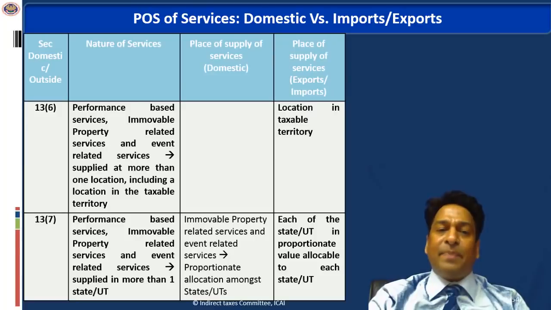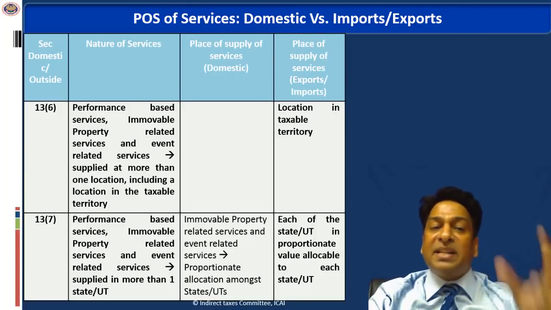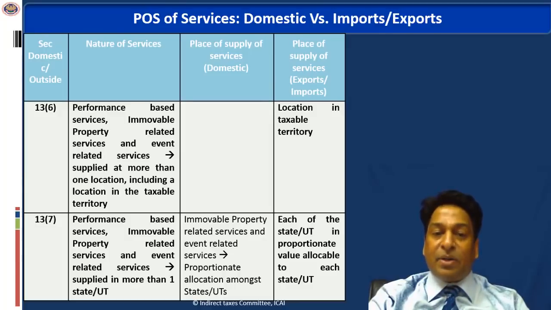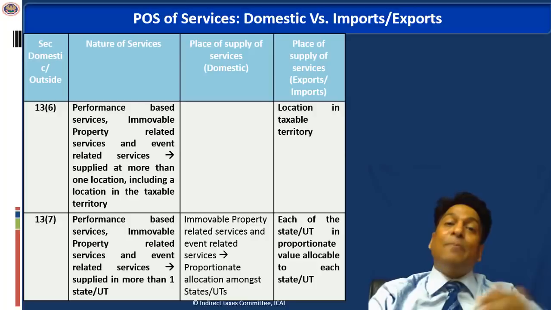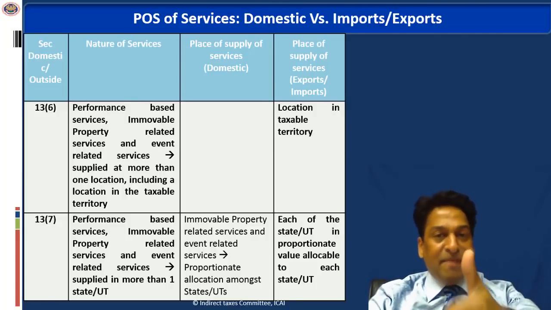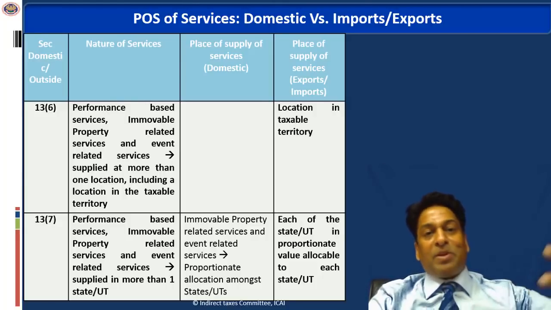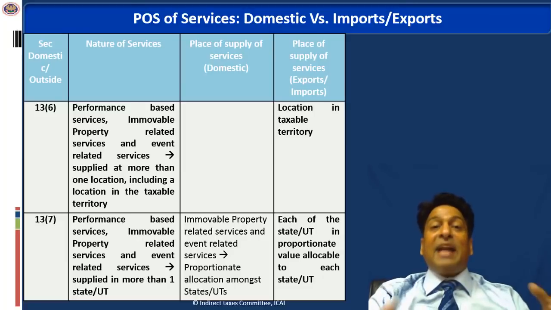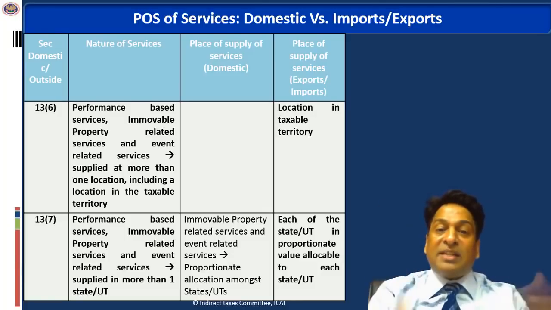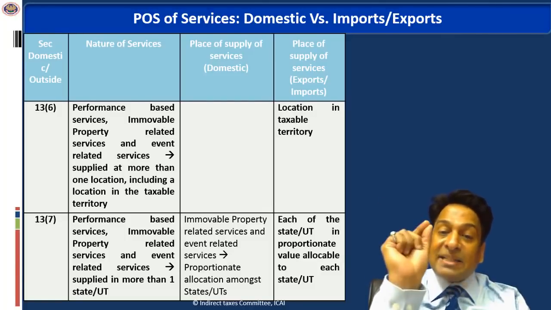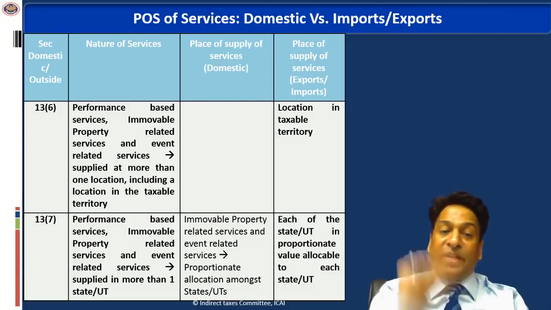When you talk about performance based, then the location in the taxable territory as referred to. When you give Rule 4, Rule 5, Rule 6, performance based, immovable property and event based, which is the highest portion? That's the point and provision.